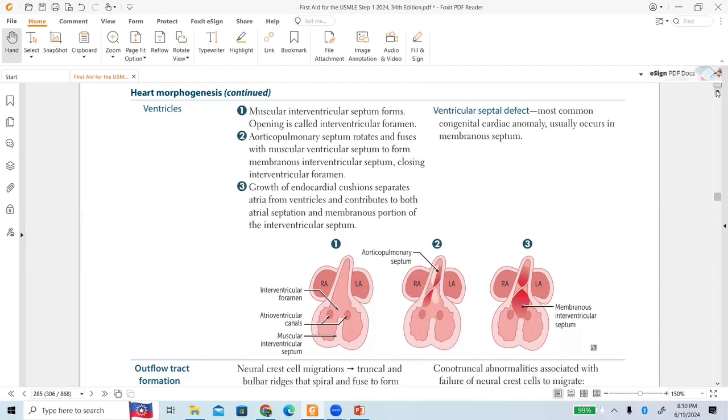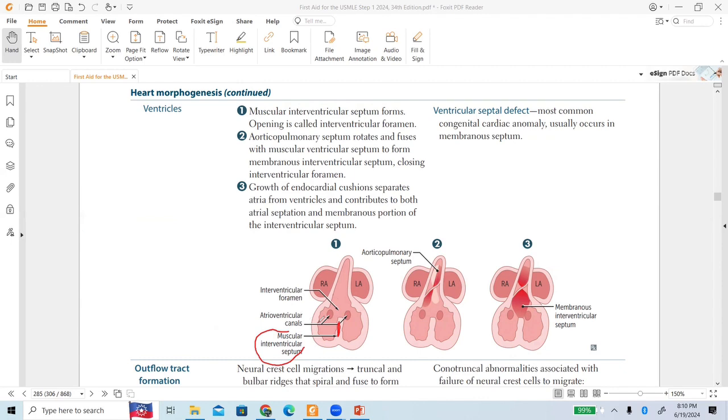First, this is the muscular ventricle septum, and this is the atrioventricular canal, and this is the atrioventricular foramen in between the atrioventricular canal. The high yield stuff is the pathology, the congenital anomalies. I am highlighting these for you.